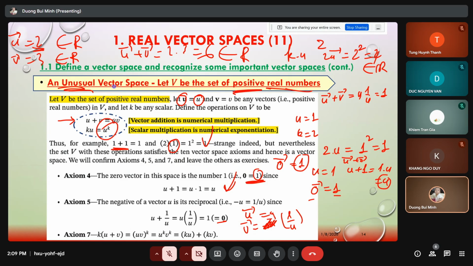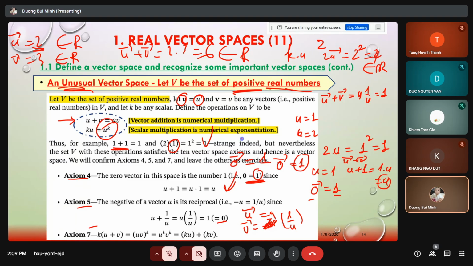And then we continue to demonstrate axioms 4, 5, 7, 8, 9, 10. So this is the zero vector. We define the zero vector as 1, because this is the set of positive real numbers.